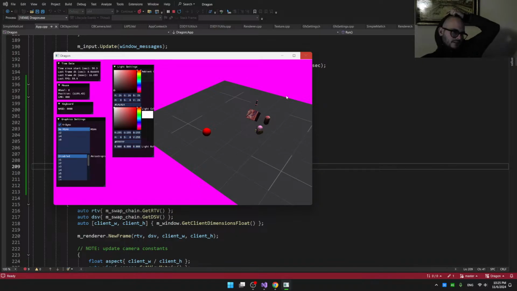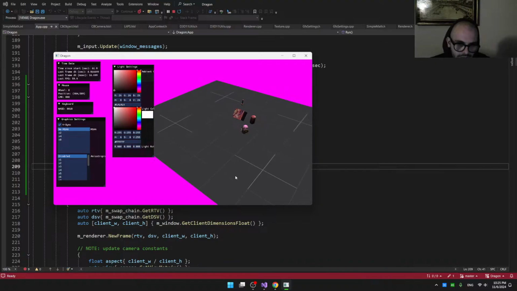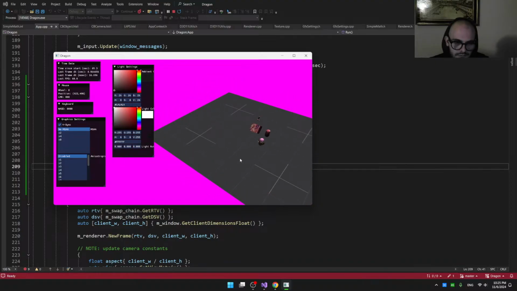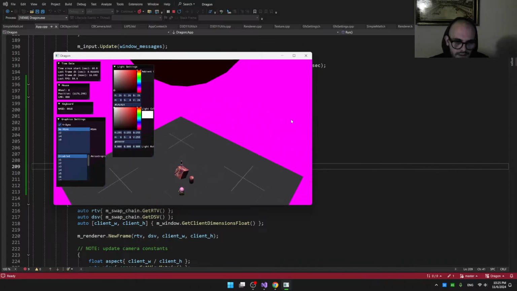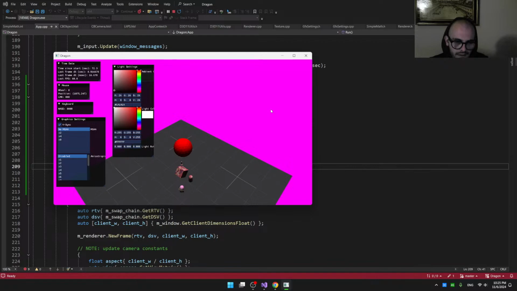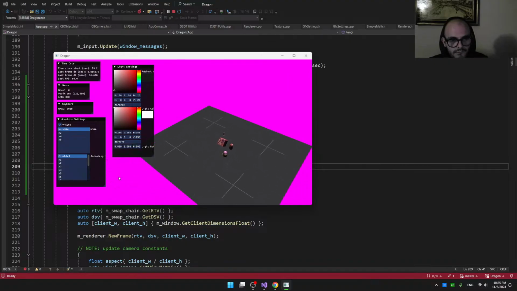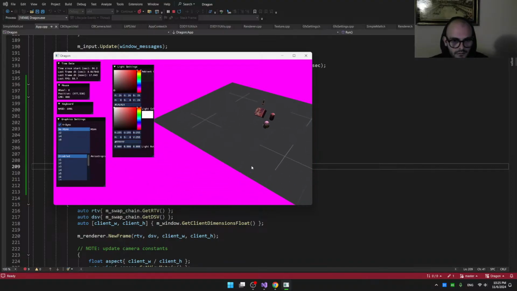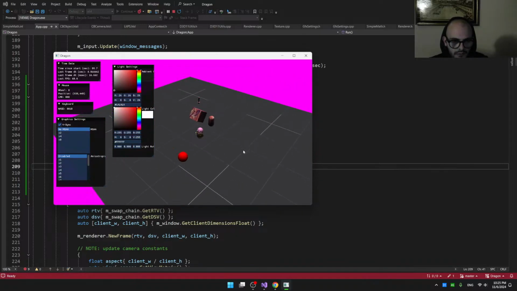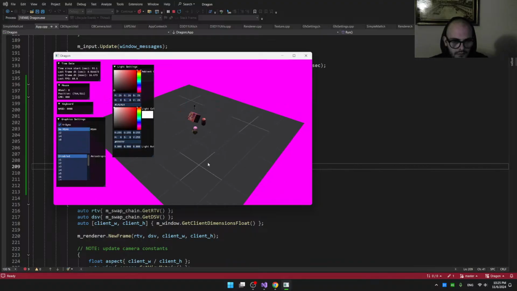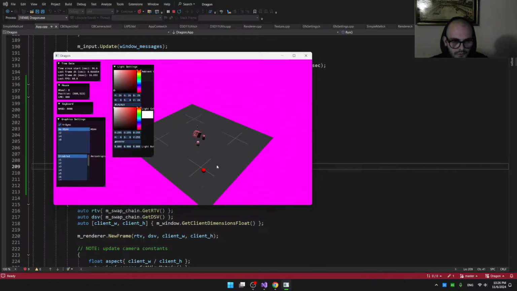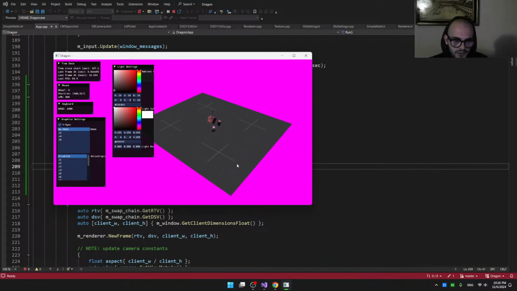So we got from mouse... well, it's always at the camera position.